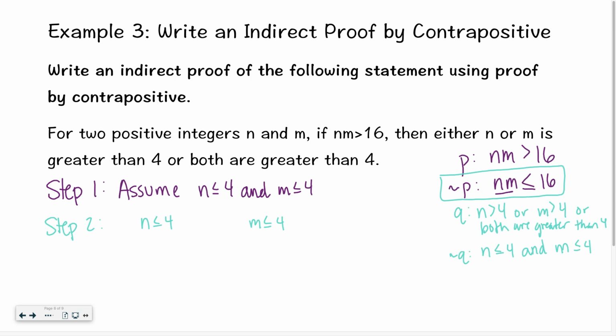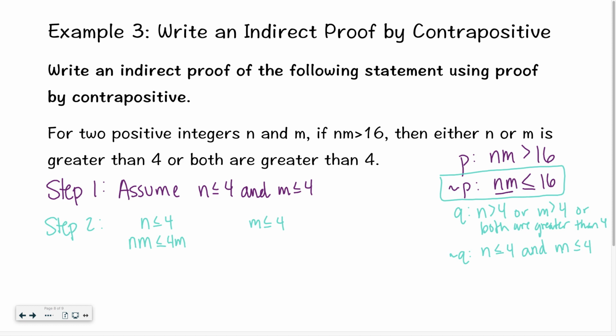So how can I change this first inequality to have an nm on the left-hand side? I'm going to multiply by an m on the left side. That means I also have to multiply by m on the right side, because as long as you multiply by the same amount on each side, you're okay.